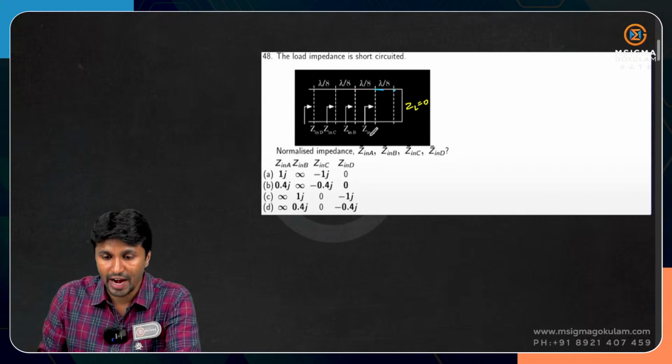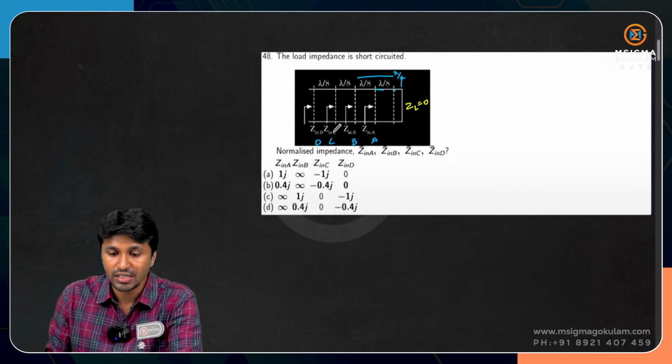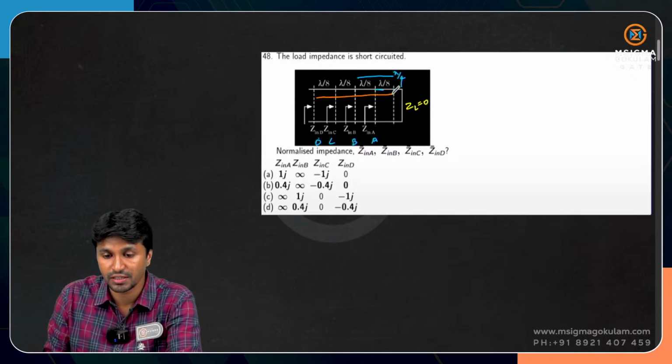Now this is A, this is B, this is C, and this is D. A is at a distance of lambda by 8, B is at a distance of lambda by 8 plus lambda by 8, which is lambda by 4. C is at a distance of lambda by 8 plus lambda by 4. D is at a distance of lambda by 4 plus lambda by 4, which is lambda by 2.